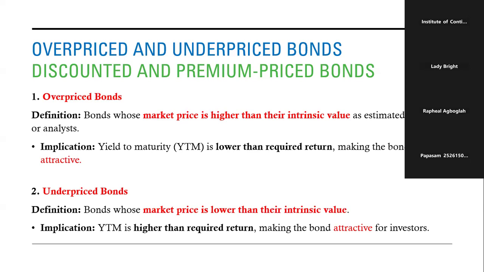You will buy. It's like going to buy a product that has been underpriced in the market. Say you saw some bags, and you know the value of the bags.